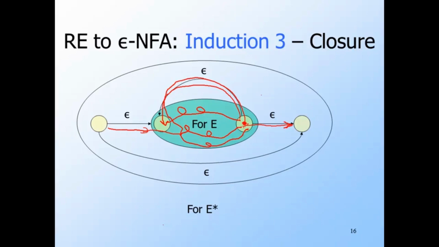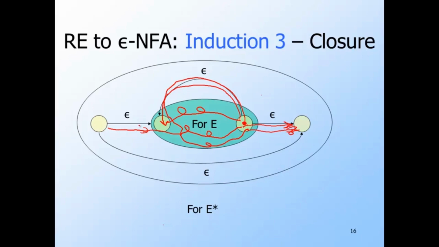We can do this as many times as we like, but then finally we go off to the new final state, and we are done with that. So this automaton really does have a language that's E star.